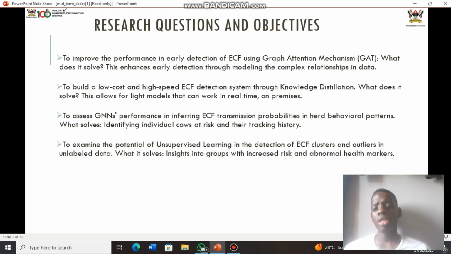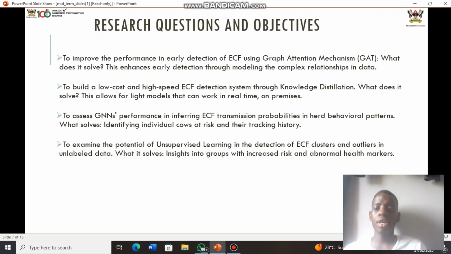The research questions and objectives of this work are, first, to improve the performance and early detection of ECF using graph attention mechanisms. This helps because it enhances early detection through modeling the complex relationships in the data. Second, to build a low-cost but high-speed ECF detection system through knowledge distillation.